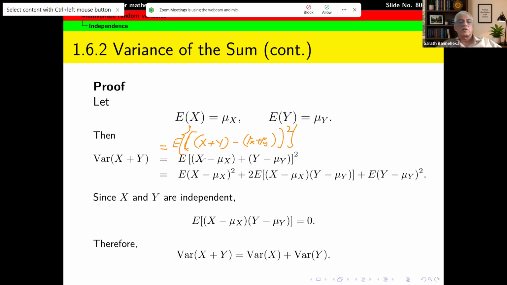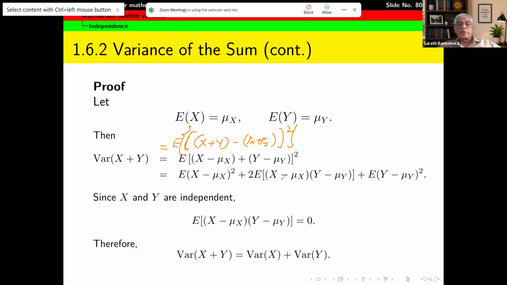So that is the same as this. And then if you expand this, you have expected value outside, then square of this quantity, and then square of this quantity, and then twice the expected value of the product. You can put the expected value with each quantity. That's the property of expected value: expected value of a sum is equal to sum of the expected values. So you will get this expression, right?